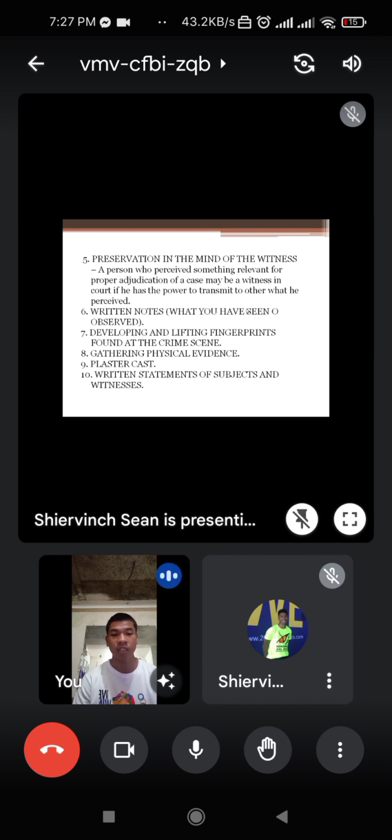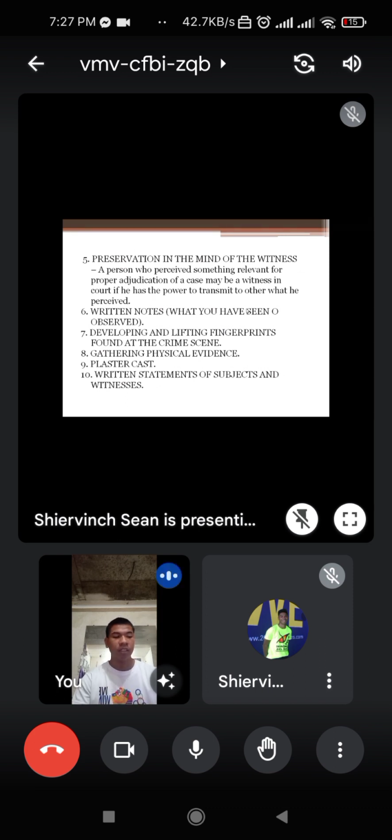So in this, ang written statement mao na siya ang statement kung unsa statement sa person or the victim, and also the witnesses kung unsa ang nahitabo sa crime na gibuhat sa suspects or sa suspect.